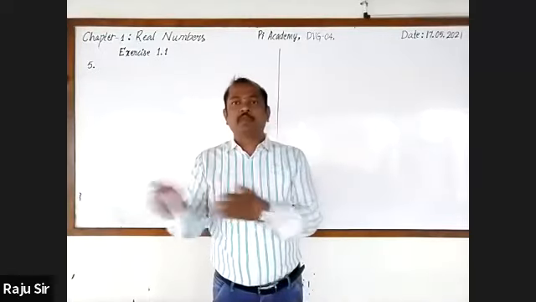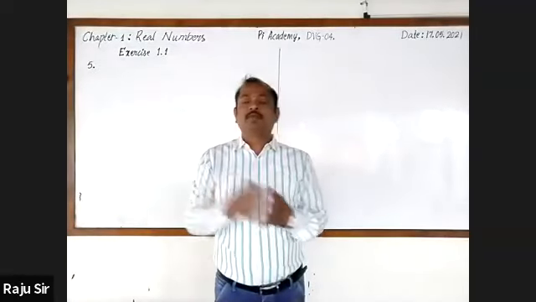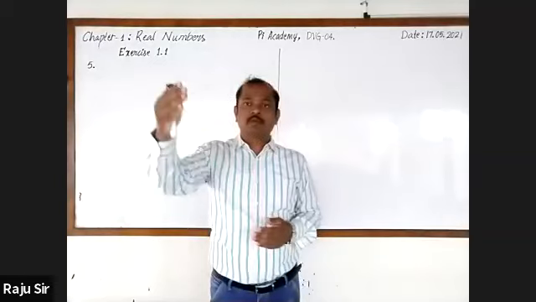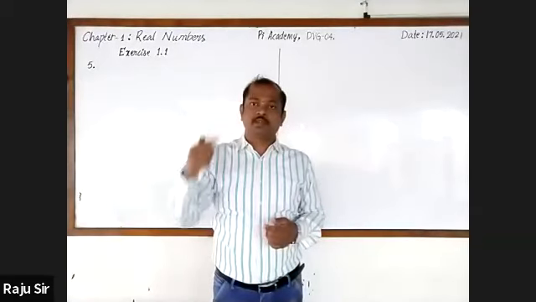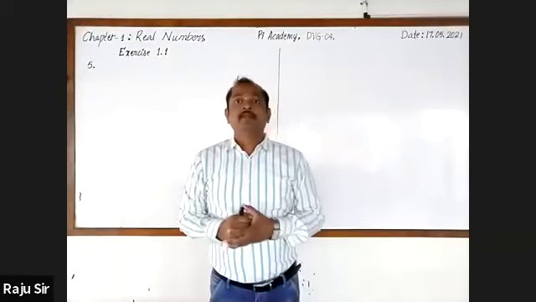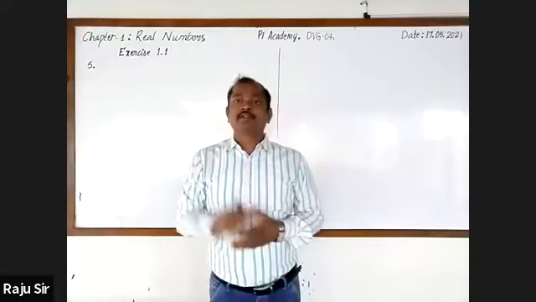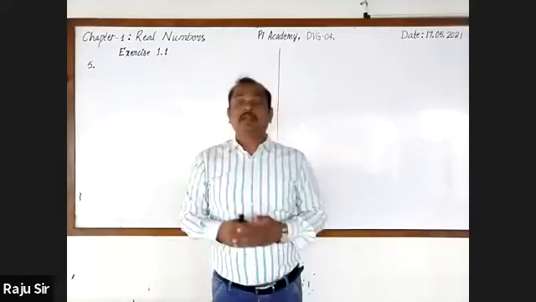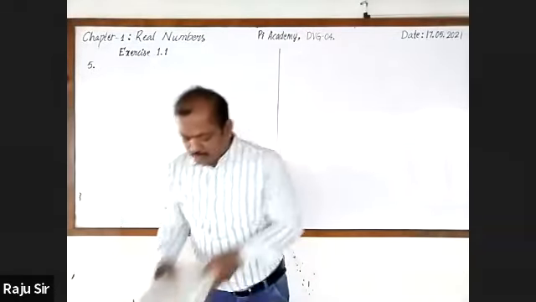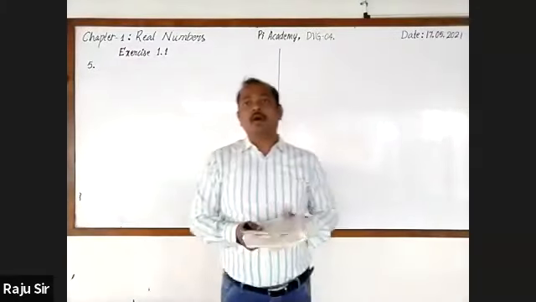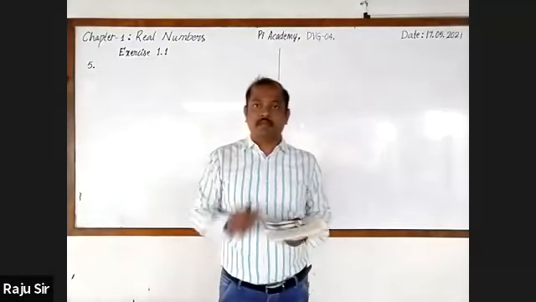It may be 4q plus 1 and 4q plus 3, or 6q plus 1, 6q plus 3, 6q plus 5. Similarly, another very important statement was that the square of any positive integer can be written in the form of either 3m or 3m plus 1.